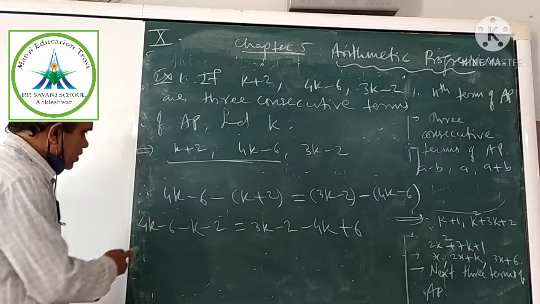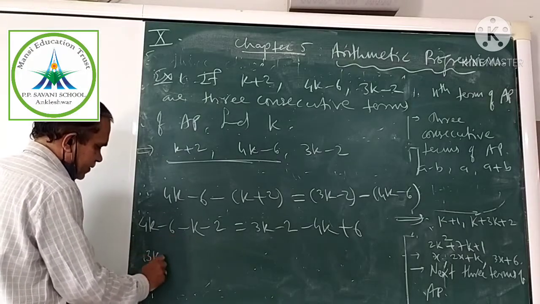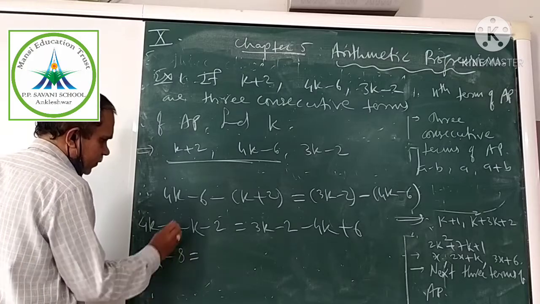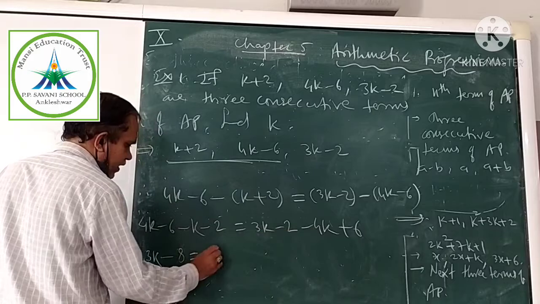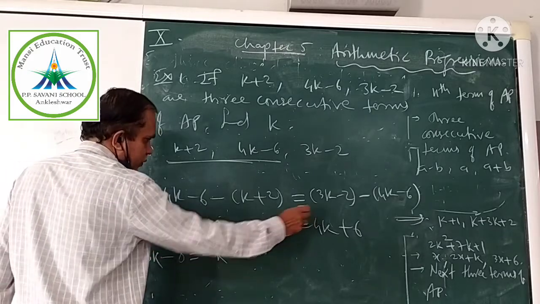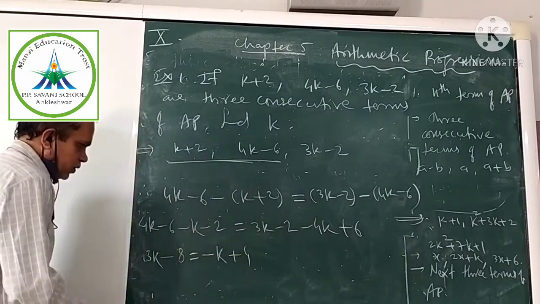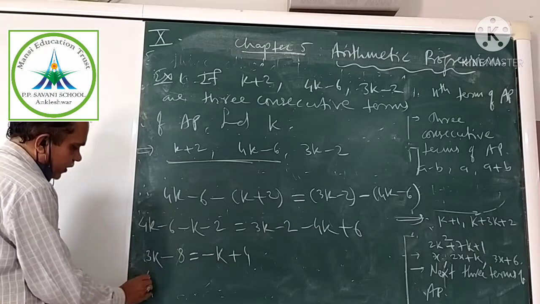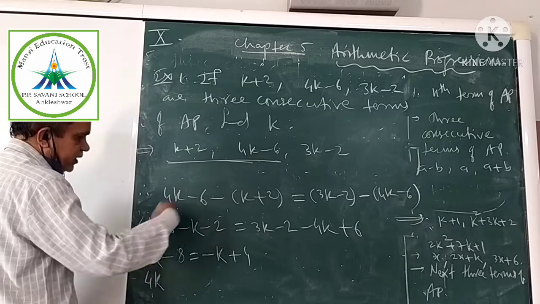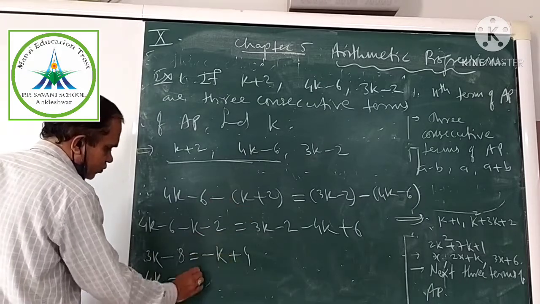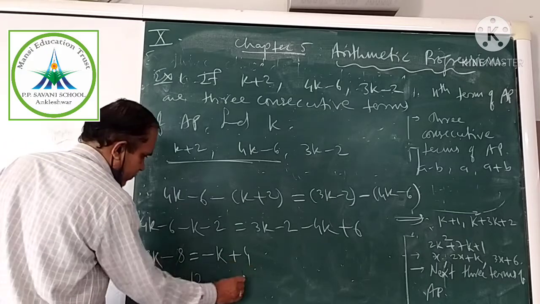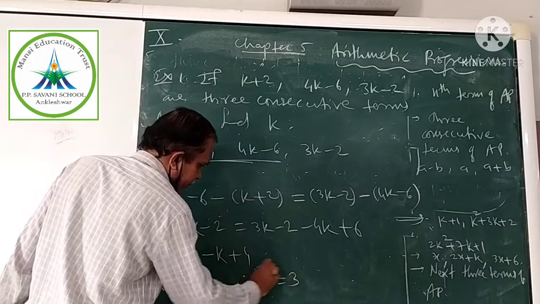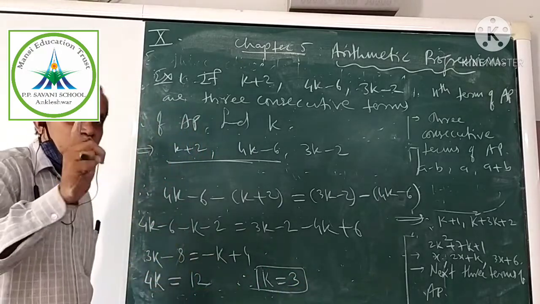Solve this. 4K minus K, 3K, minus 6 minus 2, minus 8. Okay, 3K minus 4K, minus K, minus 2 plus 6, plus 4. Bring the K term to this side, minus K comes this side, becomes plus K, so 4K. Minus 8 I am setting that side, becomes plus 8, so 12. Right? Therefore, now by division, K equal to 3. This is coming for 2 marks, note down.